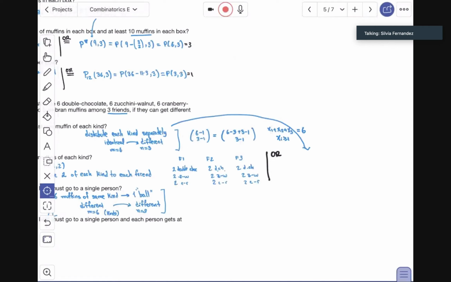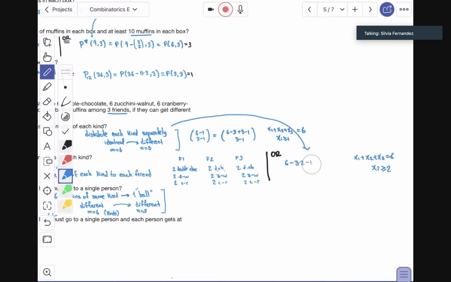But in the table, you also have the formula when each box contains at least 2. So that corresponds to x1 plus x2 plus x3 equals 6 with the xi's greater than or equal to 2. And you can see here there's only one solution. This is per kind. That solution looks like 6 minus 3 times 2, plus the separators, choose the separators.